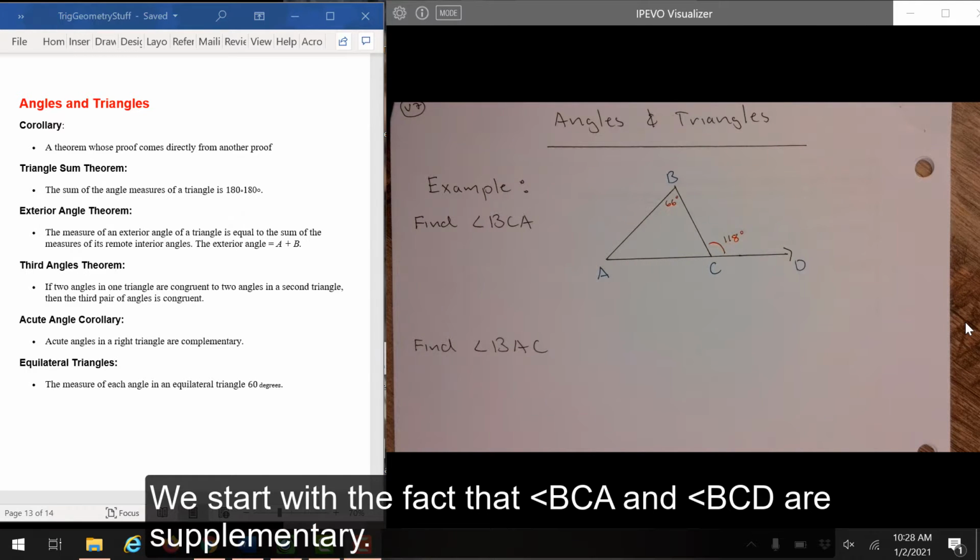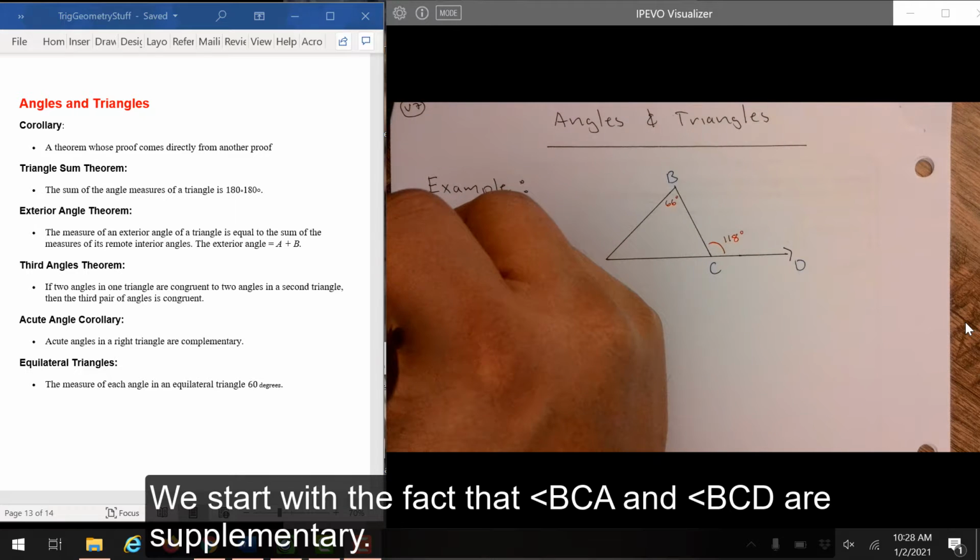We start with the fact that angle BCA and angle BCD are supplementary.